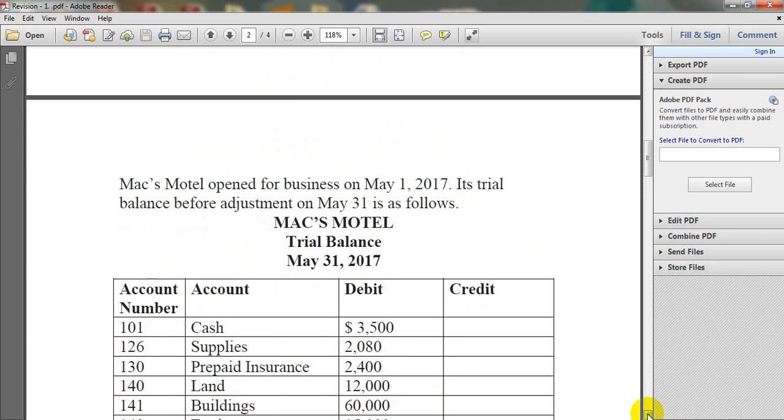Max Motel opened for business on May 1, 2017. Its trial balance before adjustments on May 31 is as the following.